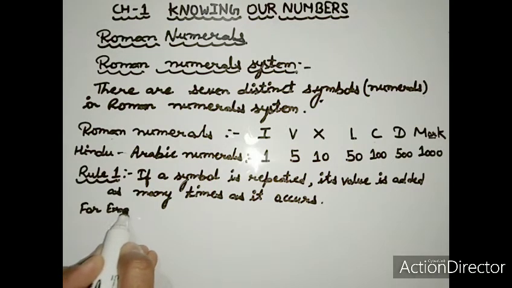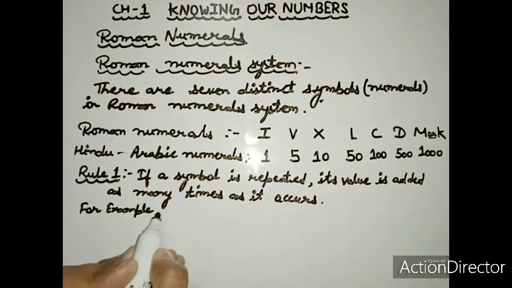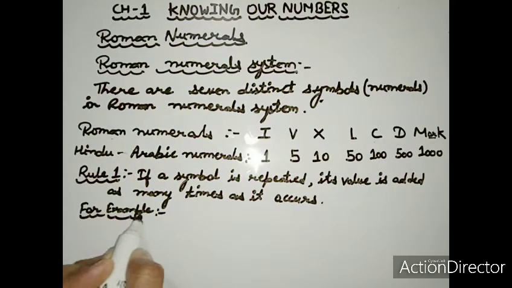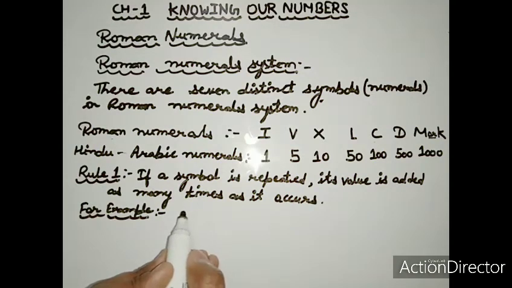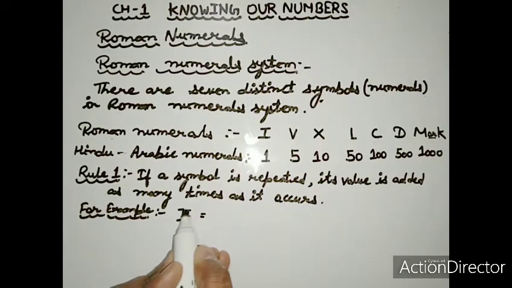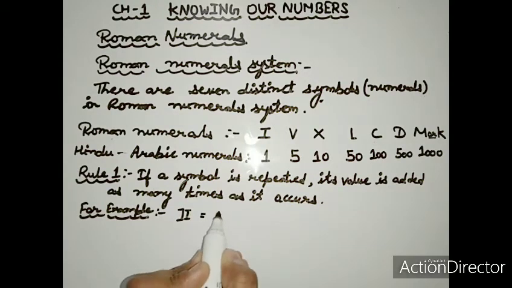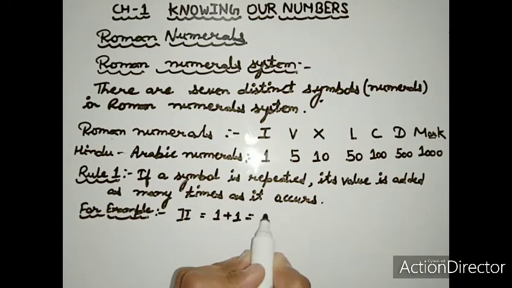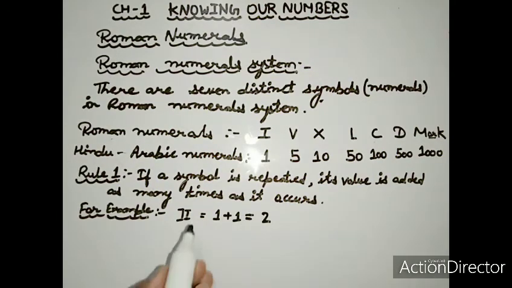For example, when we want to write 2, we use double I: 1 plus 1 equals 2.